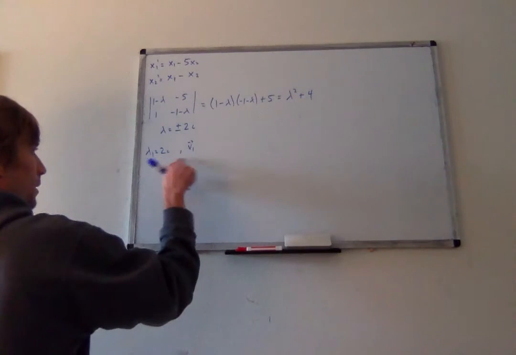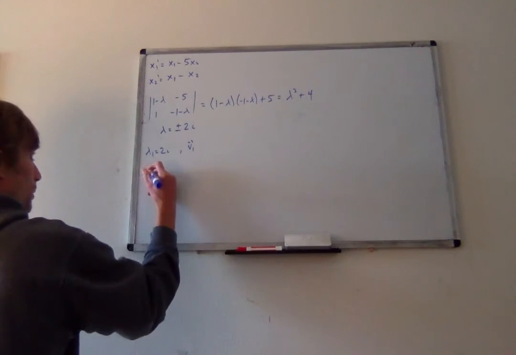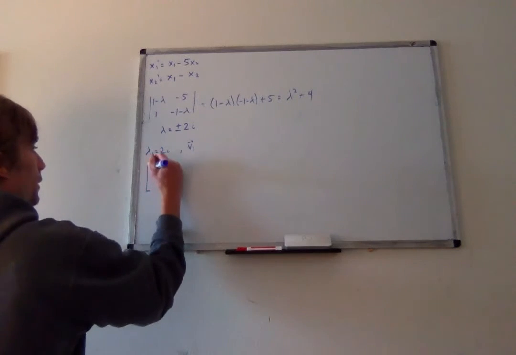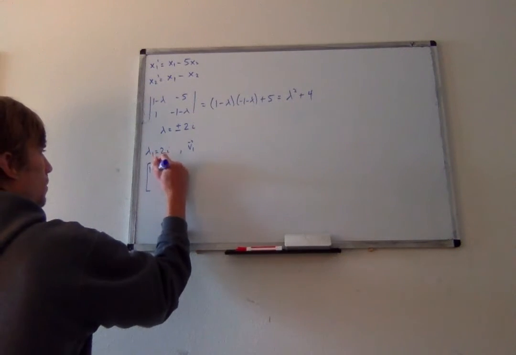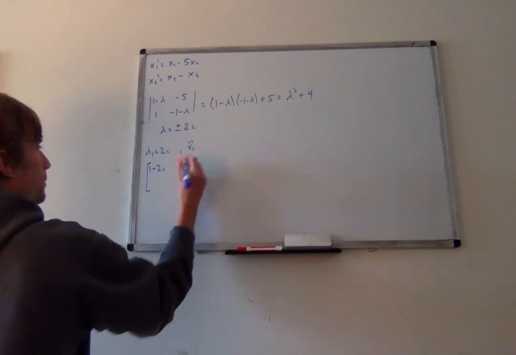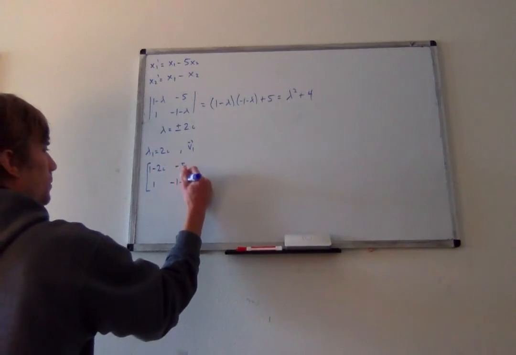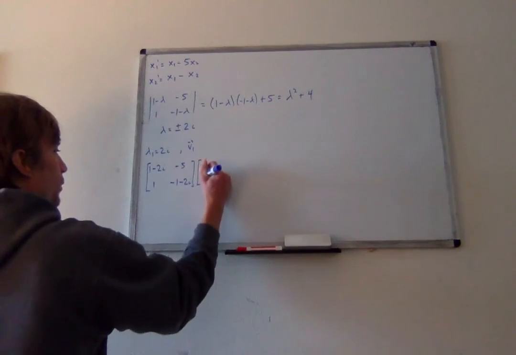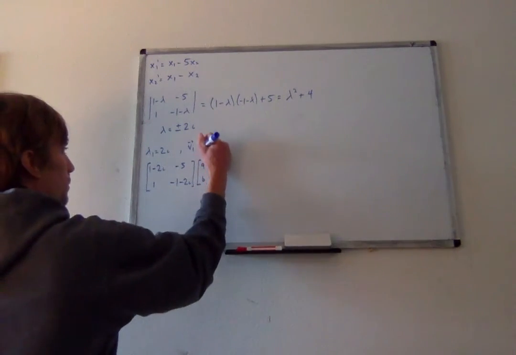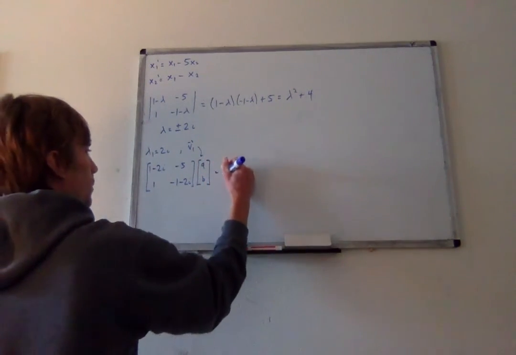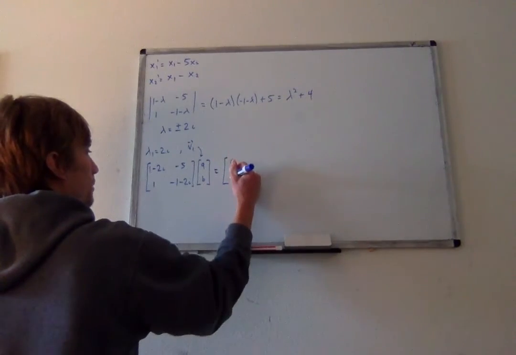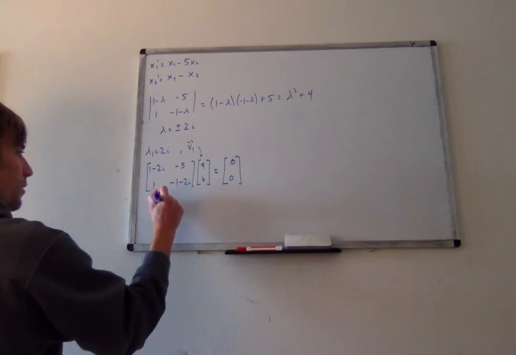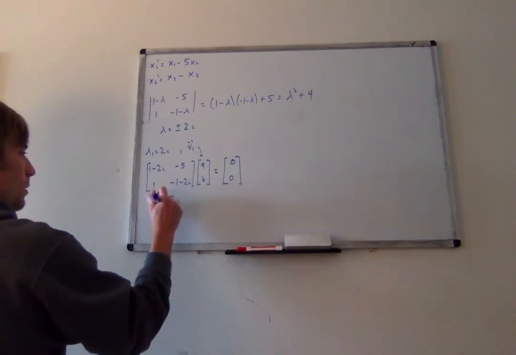So given lambda 1, if we want to find v1, remember we want to solve the following matrix equation, where this vector AB is our vector v1, and that's all equal to 0. And so multiplying this out, we get the following two equations.